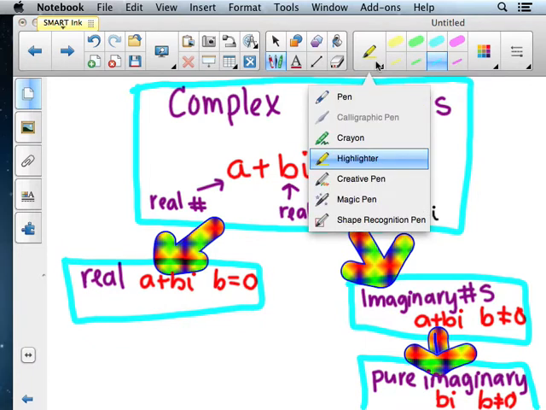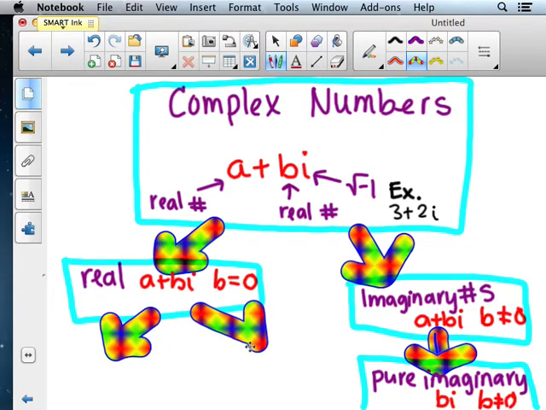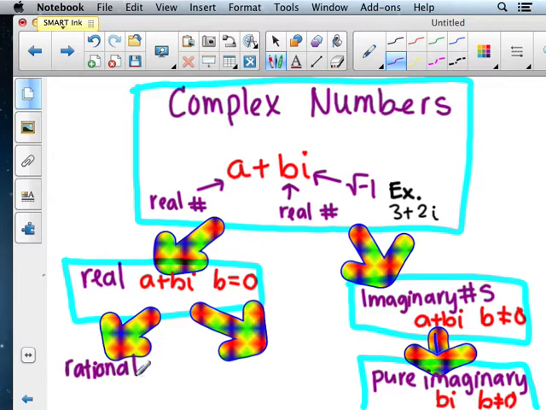Now, off of the real numbers, we have rational and irrational numbers. A rational number, remember, is a number that can be made into a fraction. It doesn't have the imaginary part. And an irrational number is a number that can't be made into a fraction, like pi or the square root of 5.